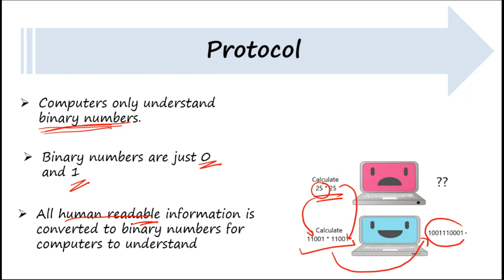This result is then converted back into human readable language so that we can understand. The major point to understand here is that computers only understand binary language. Now these zeros and ones can be represented in a lot of different ways.